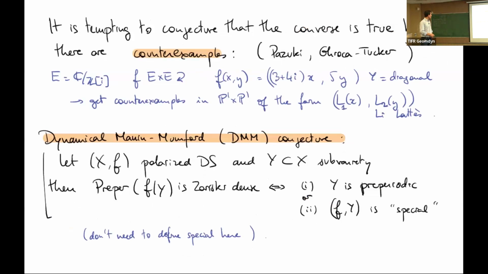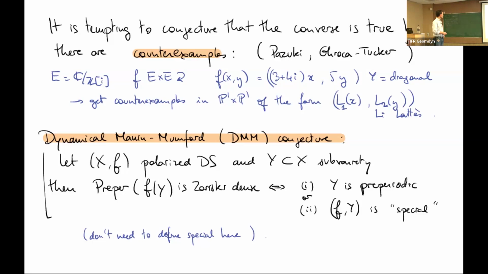Okay, so now you can formulate this dynamical Manin-Mumford conjecture, which says that if you take a polarized dynamical system and a subvariety with many preperiodic points, you could be tempted to conjecture that the subvariety is preperiodic, but unfortunately there are counterexamples to this statement. So there are a certain number of exceptions to this general conjecture.